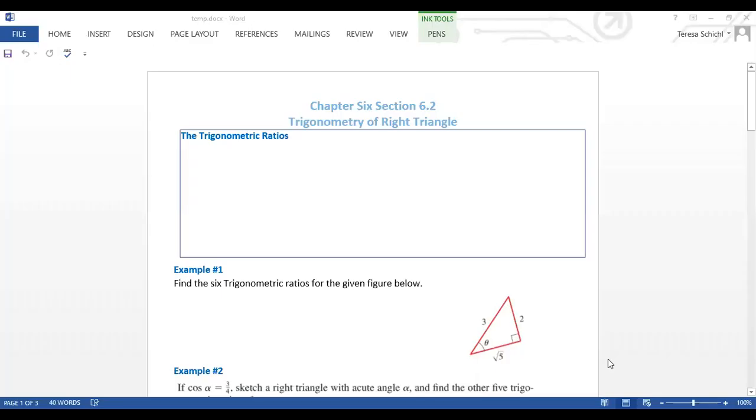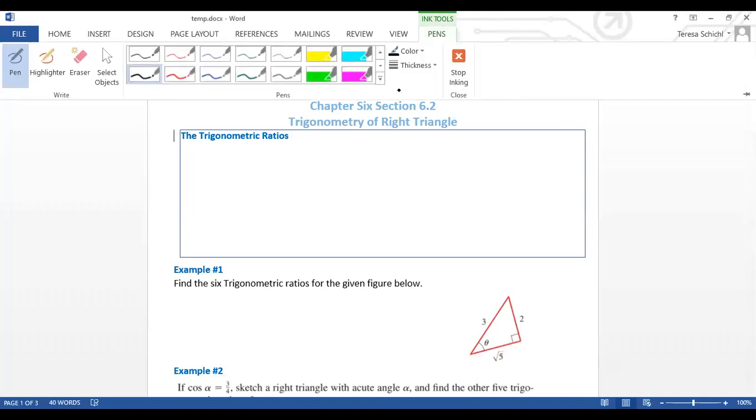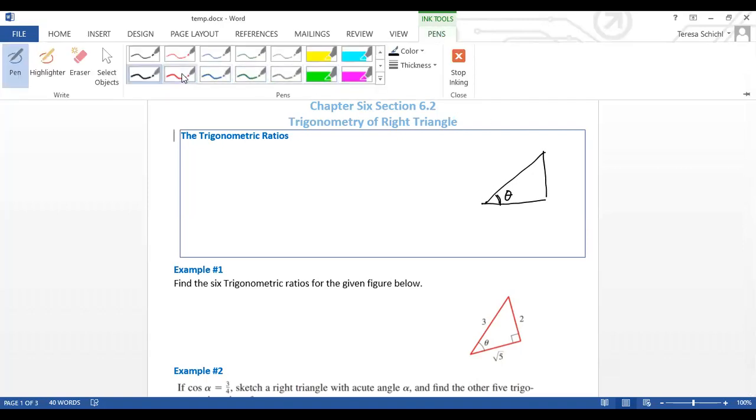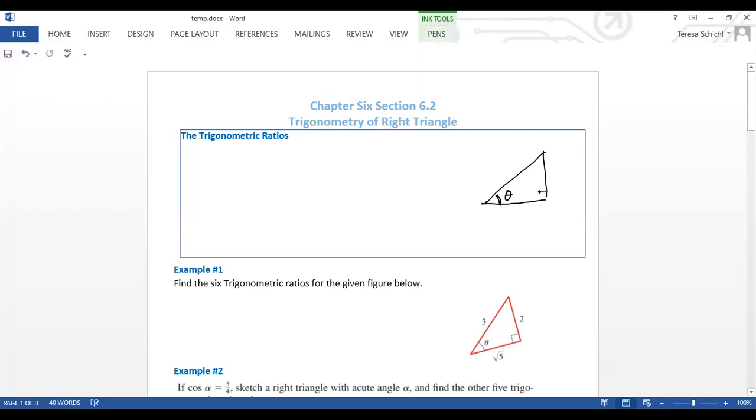How do I define the trig functions using the trigonometric ratios from the right triangle? If this is my right triangle and this is my angle theta, and here is the 90 degree angle, the side that faces the 90 degrees we call the hypotenuse.